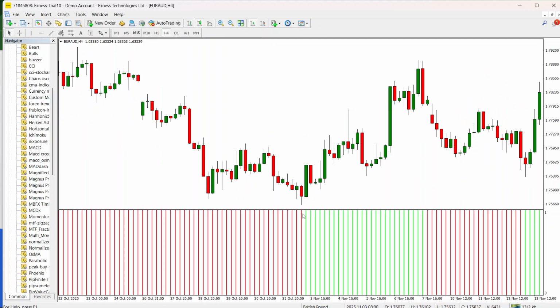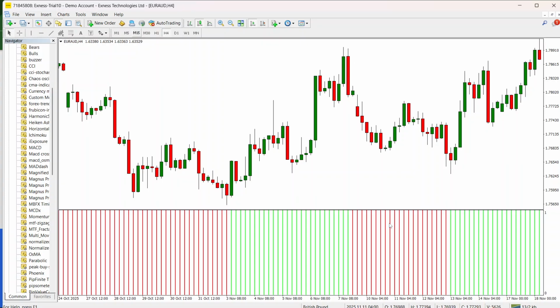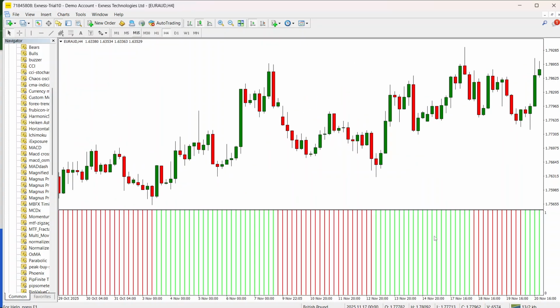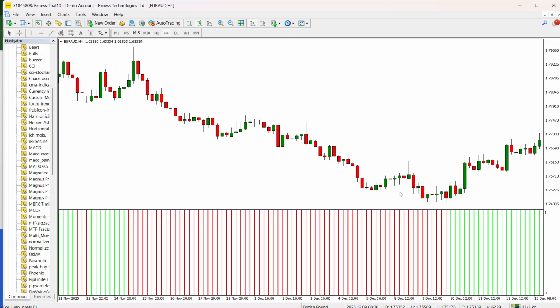As you can see here, the line changes from red to green in a bullish condition and switches back to red in a bearish condition and moves in that pattern throughout the chart.